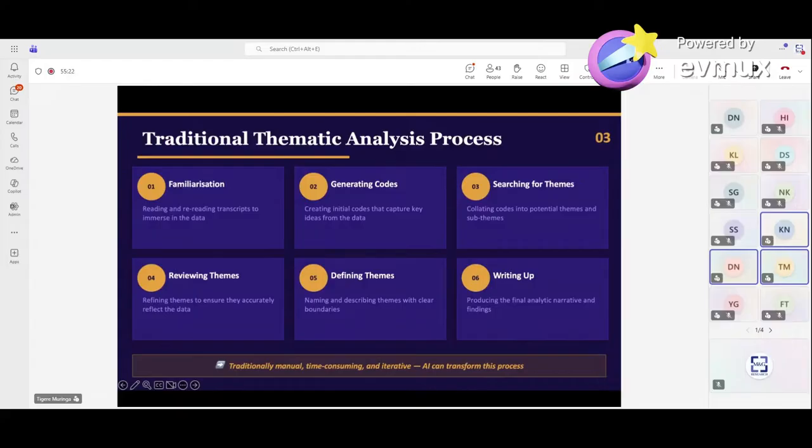There's NVivo, there's Atlas on ChatGPT. So in as much as all those tools are necessary, that fragmented way of conducting your thematic analysis doesn't need to happen on different platforms anymore, because that process was fragmented.